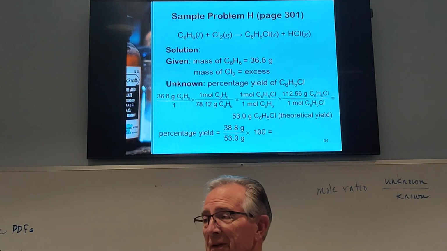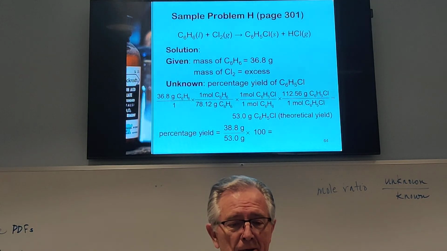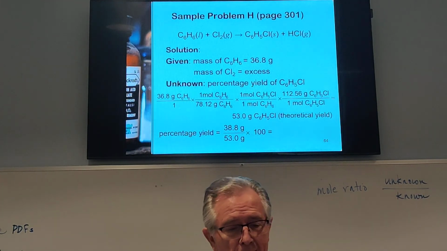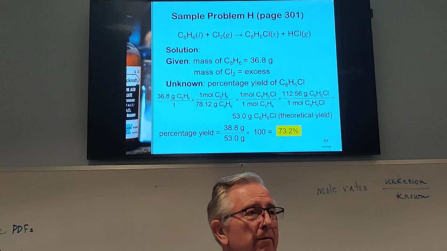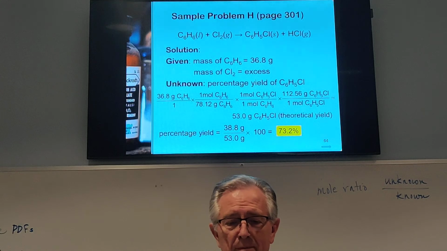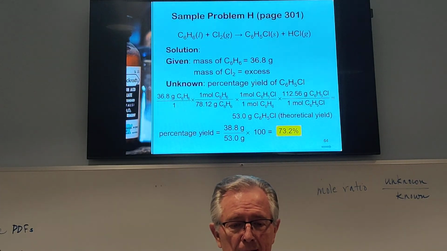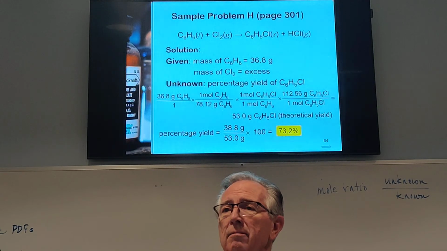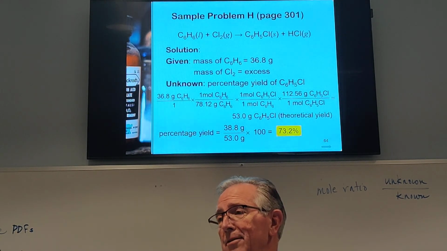We should have gotten 53. So if I take 38.8 divided by 53, multiply that times 100, I get 73.2% efficient. That means that 26.8 percent of it ends up being wasted.